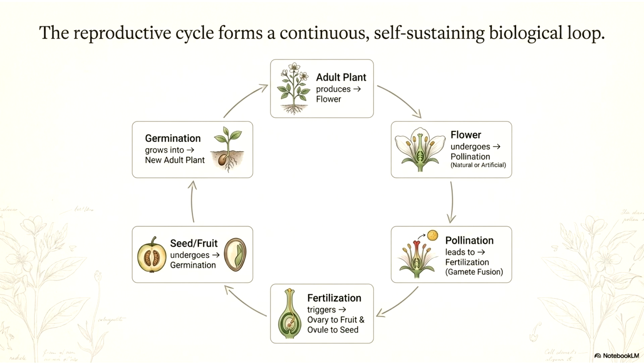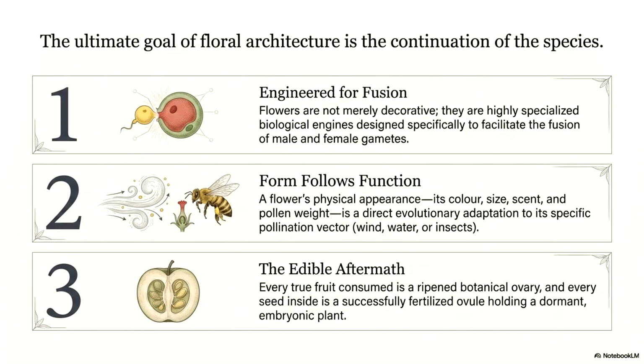After germination, a new plant grows. When the new baby plant grows, after a few days it becomes an adult plant, which again bears fruits and flowers. Those flowers again undergo pollination, and the cycle goes on.